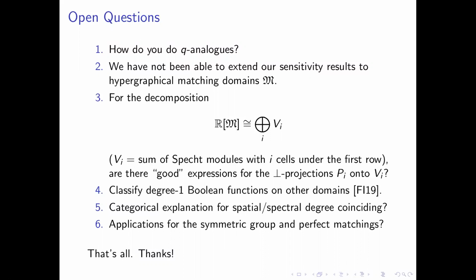I didn't talk about the multi-slice, but that's another domain prominently featured in this paper. You can encode these things as generalized permutations. If you've seen RSK, then you'll know that some of the domains that we considered you can think of as generalized permutations.